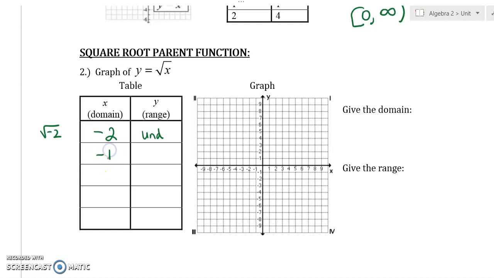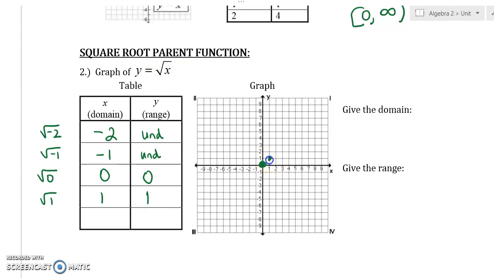So if I do negative 1 for the x, square root of negative 1 is i, which is also undefined. It's not a real number. If I plot the point 0, square root of 0 is 0, so I have my first point on my graph, which is 0, 0. So I'm going to go ahead and plot that point. And if I have a 1, square root of 1, if I plug it in here, y ends up being 1 as well.